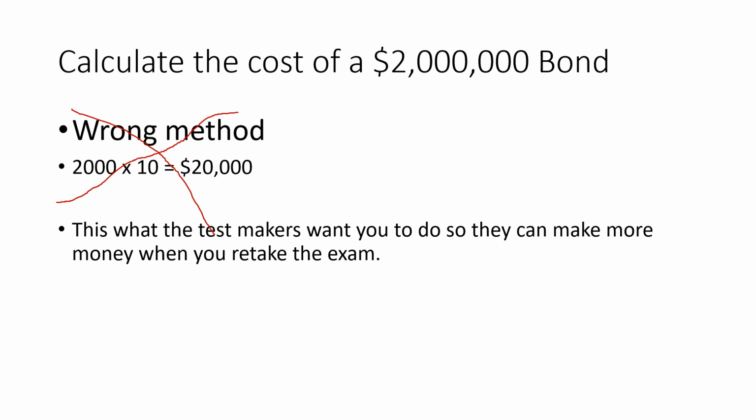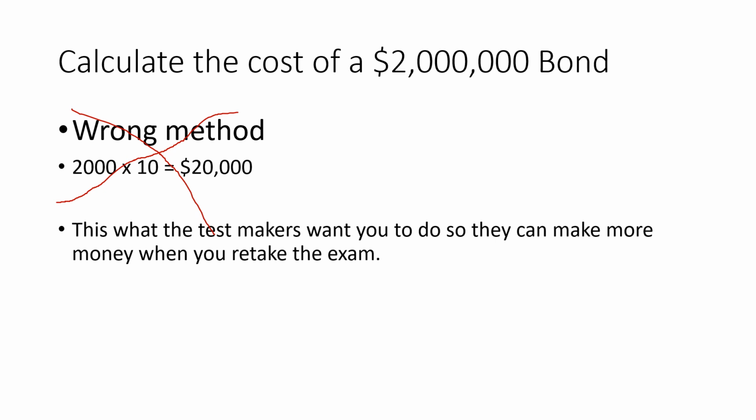We see that in the $2 million range, it's $10 per thousand. So we take the 3 zeros off and we multiply 2,000 times 10, and we get $20,000. This is what the test makers want you to do so they can make more money when you retake the exam. Okay, we are going to outsmart them though. We're going to do it the right way the first time, or maybe it's not the first time for you. Either way, you're going to get it right the next time.